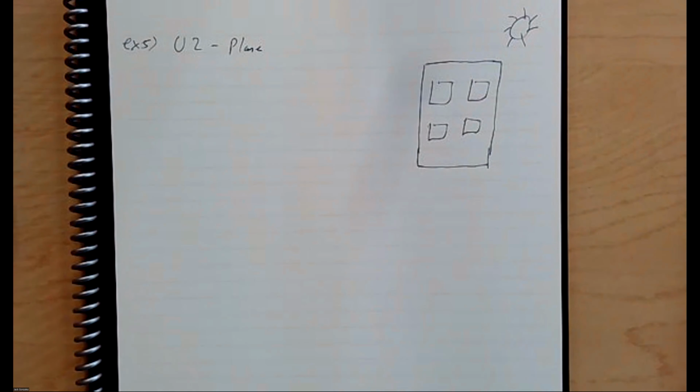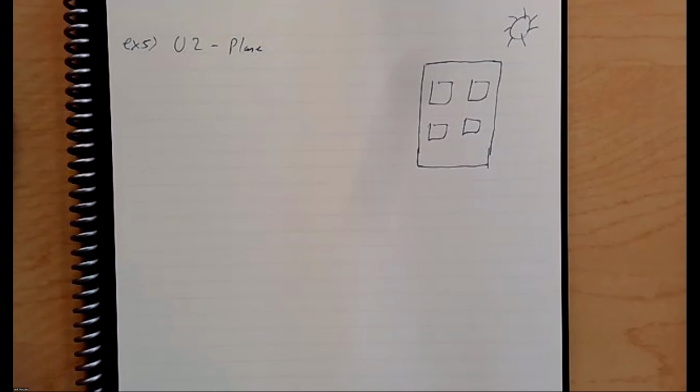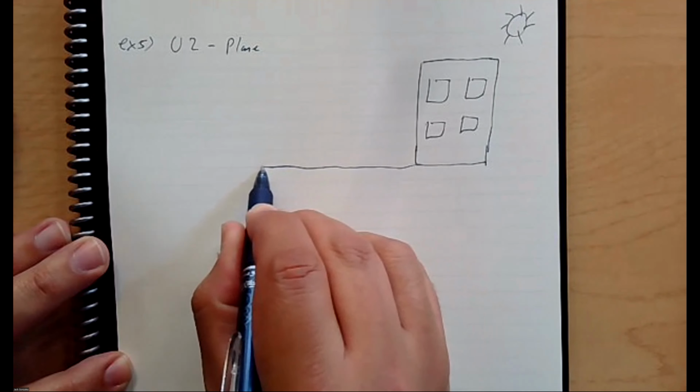Now, the question said, if we read further, that the building casts a shadow that's 61 feet long. Okay, so I'm gonna draw a shadow. The sun's on the right, and the shadow should be over here, right? I believe that's how it works.